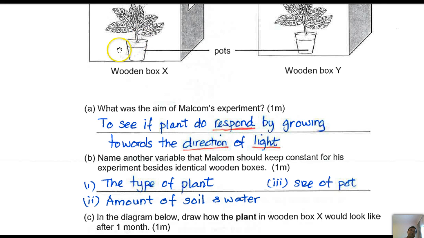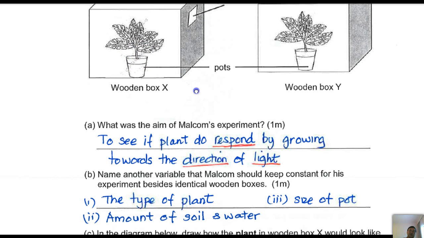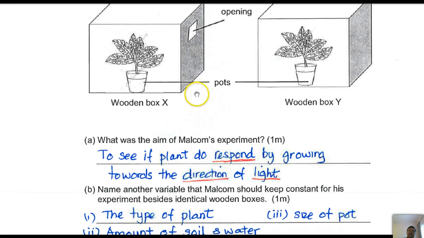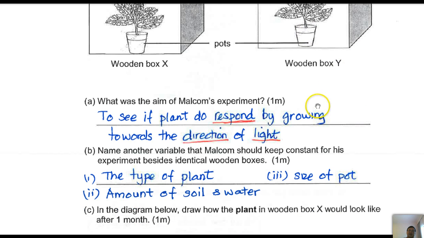This is not so fair. It's not a fair test if you have different plants, different flower pots, and so on. So the amount of soil and water has got to be the same. You put the amount of water the same, so there will be a fair test.